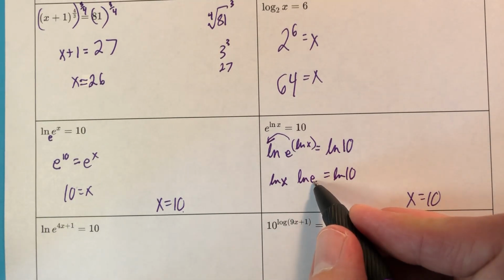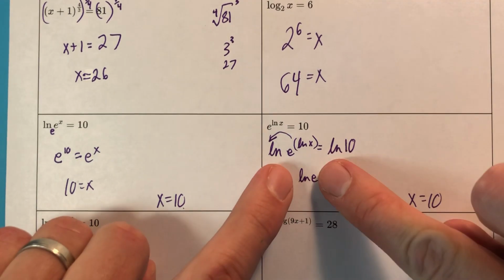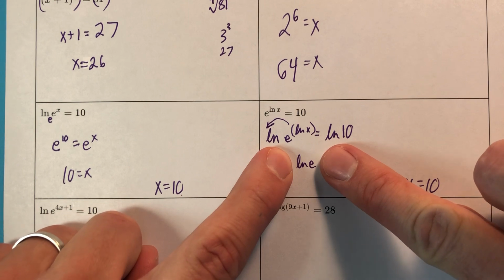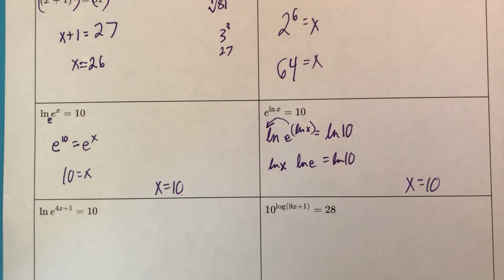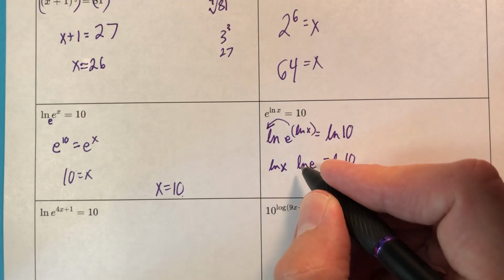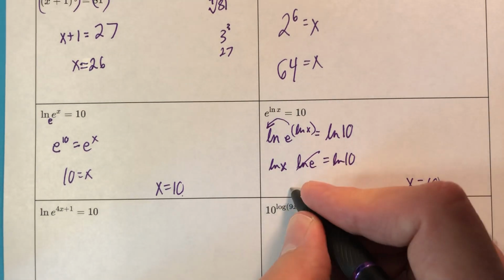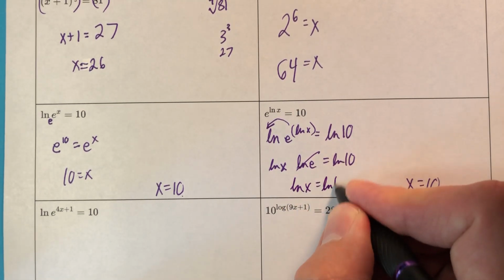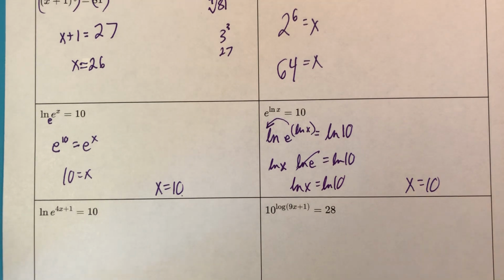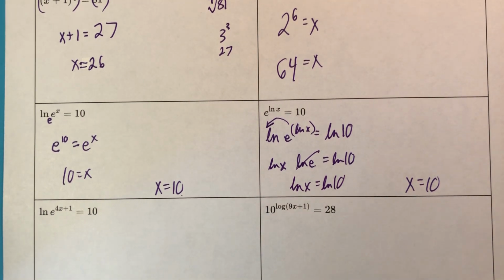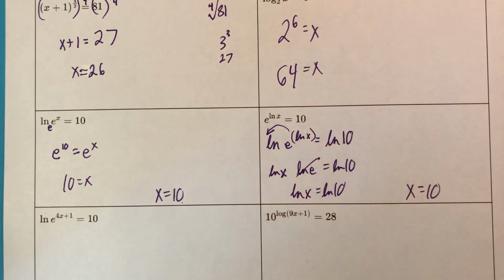The natural log of e is 1. This part is a question saying e to what power gives me e? e to the first power gives me e. So this is 1. I'm going to mark it out, and I would have the natural log of x equals the natural log of 10. So x is equal to 10. Okay? Shortcut, within these configurations, they cancel.